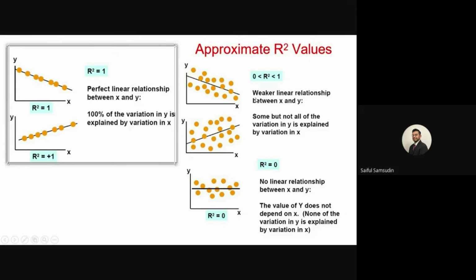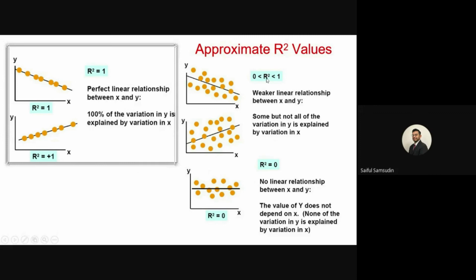This is common in our data when we use regression. If the R square value is near 0, the linear relationship is weaker. If the R square value is near 1, the relationship is stronger.